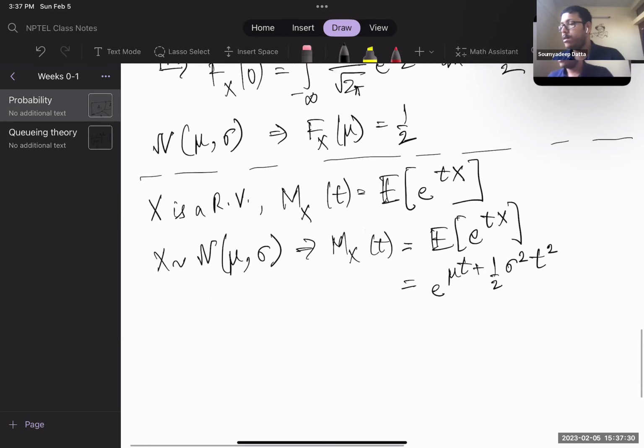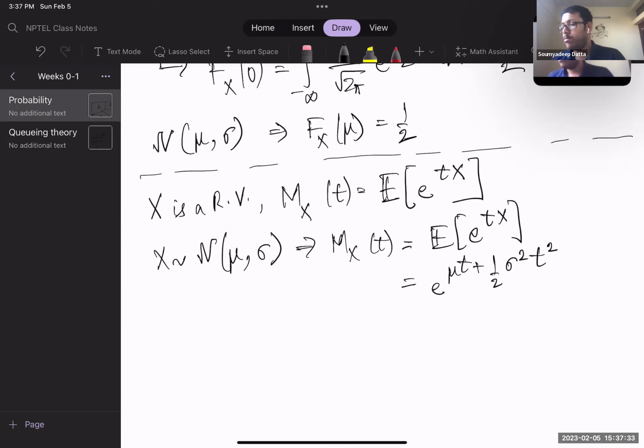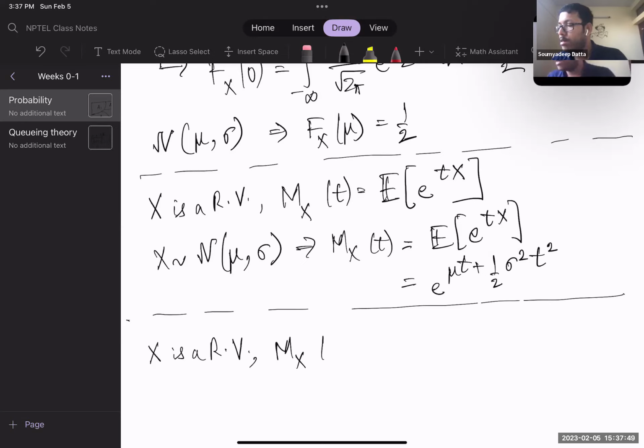So now the question can be that you have a random variable X, and you're told the moment generating function of X is e to the power t plus 2t square, let's say, right?